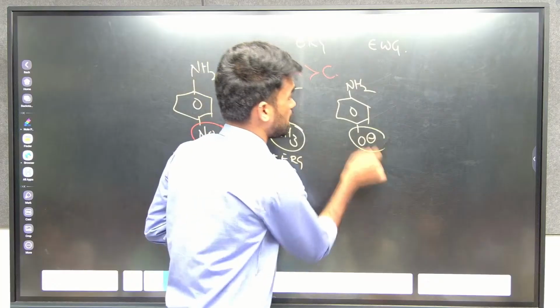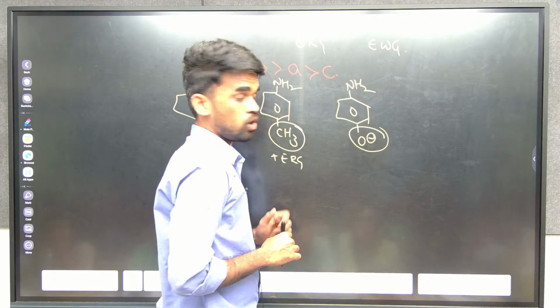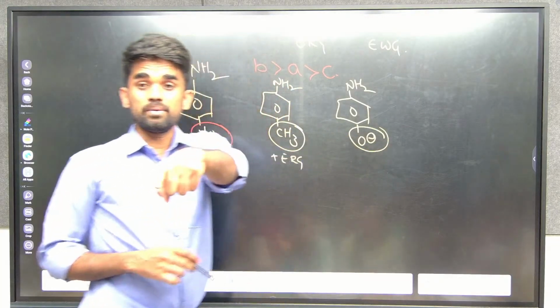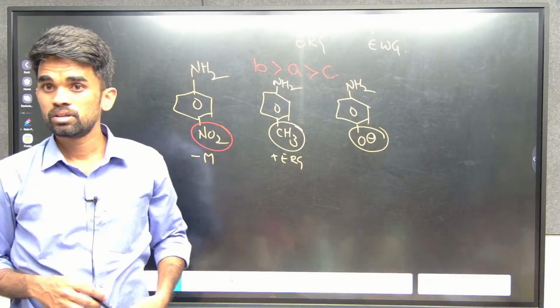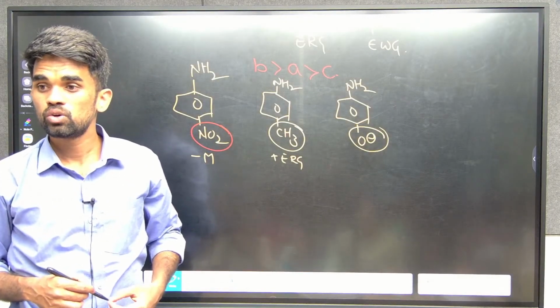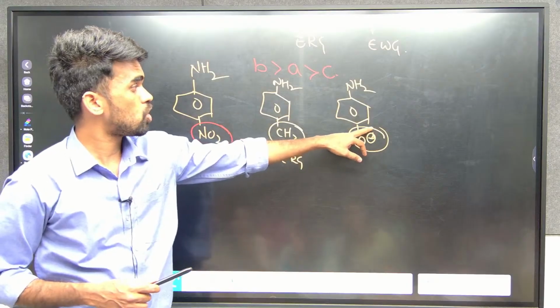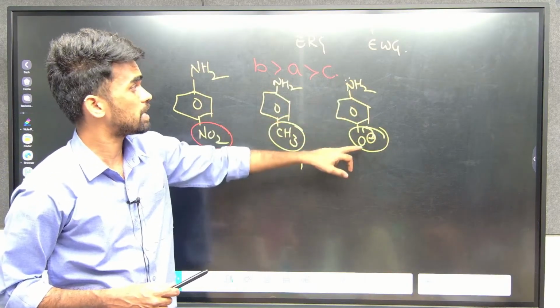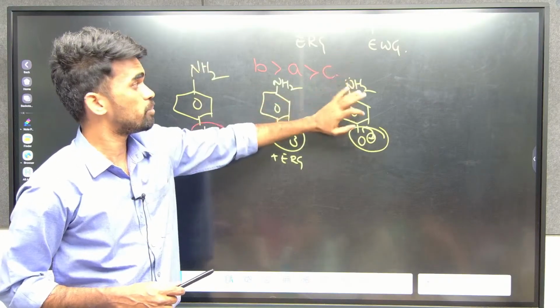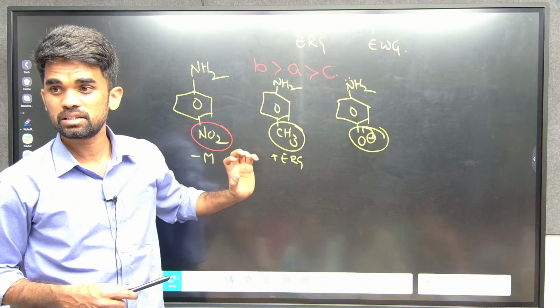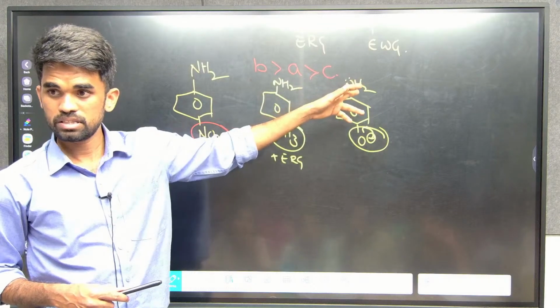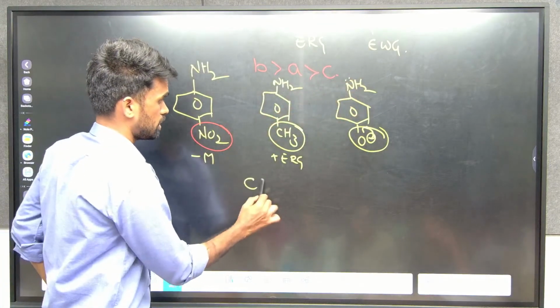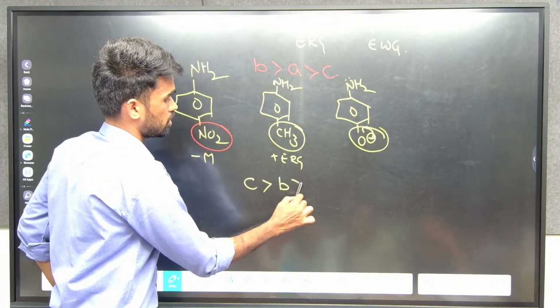What about this kind of group here? O minus. Just check that plus M group order. O minus means strongly ring activating, so strong electron releasing group. It means basic nature will be highest in which case? C case. So C, B, A.